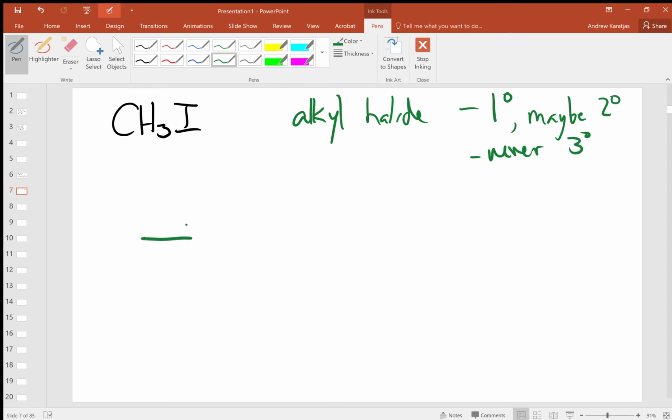So if we tried to do this reaction and we use tert-butyl iodide as our electrophile, this reaction won't work at all. As we'll learn more with SN2 reactions, having all of those carbons on there makes it too sterically hindered, and so when this tries to do its nucleophilic attack, it doesn't have enough room to fit in there.